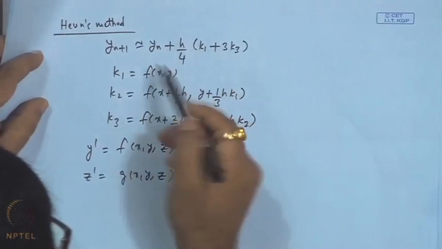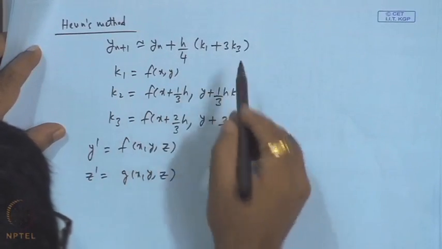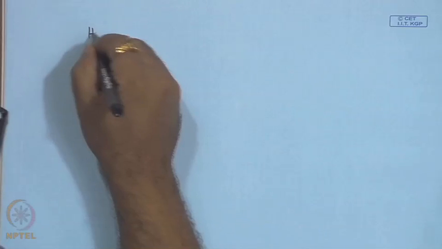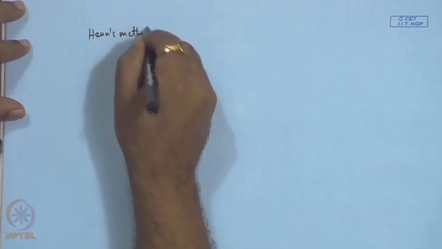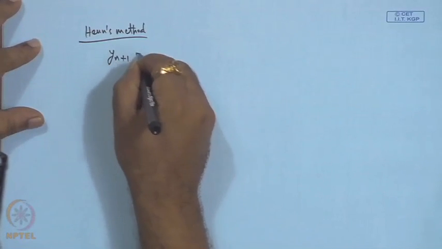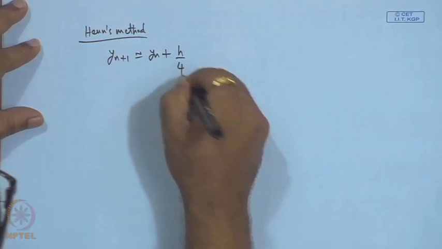So, we have Heun's method: y n plus 1 is y n plus h by 4 of this.